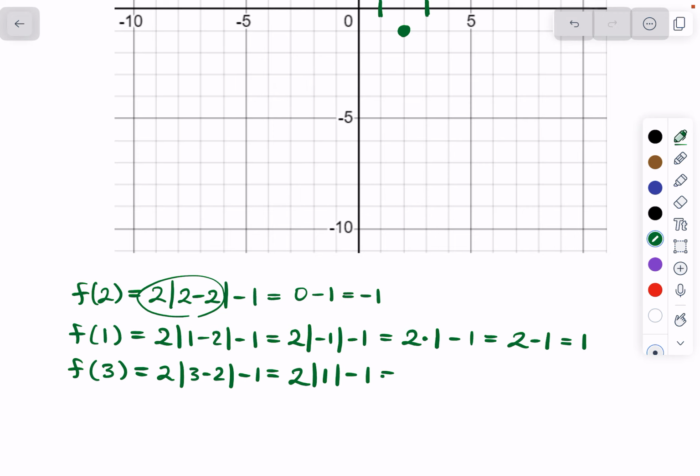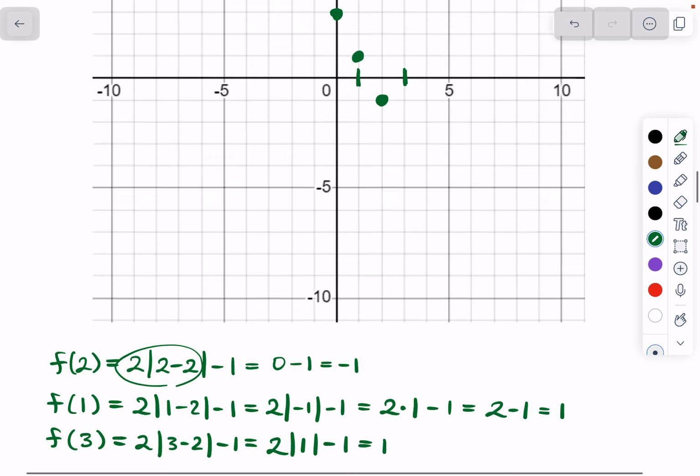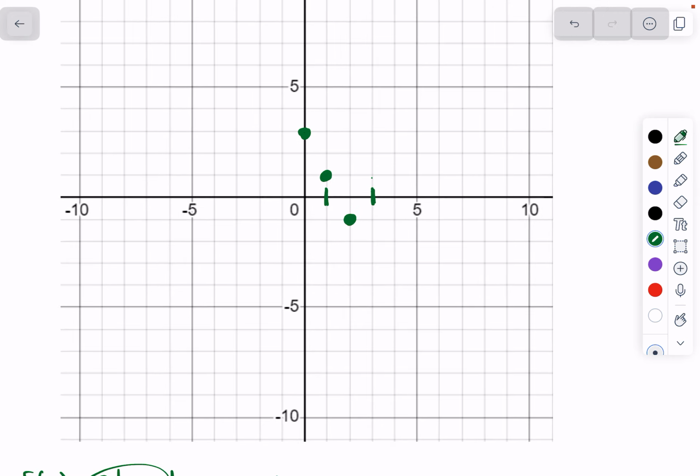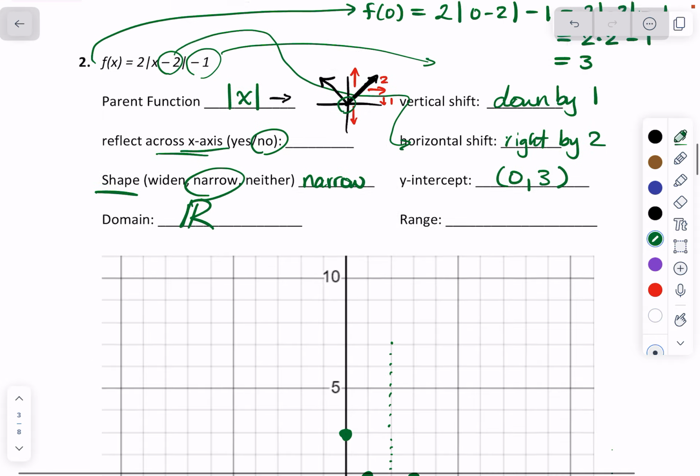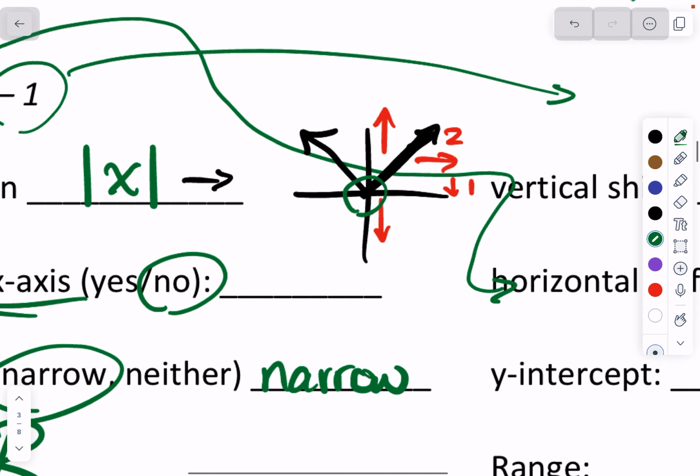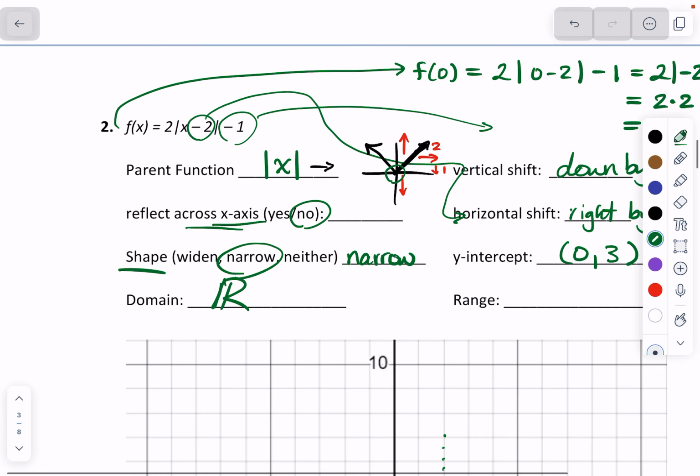They're both going to turn into 1. So we can kind of see the symmetry now. There's basically going to be this line of symmetry right here, because if you go to the left of it or to the right, you get the same y values. And we know it's going to be some kind of V shape, right? So it should have that symmetry.